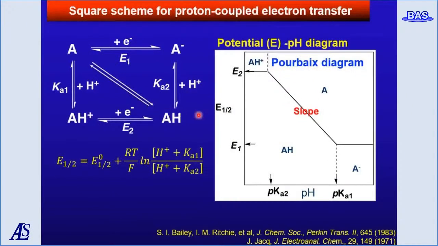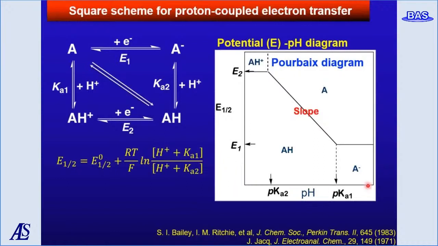In a square scheme, four species are interconnected by electron transfer and proton transfer, and each equilibrium is represented by the respective oxidation potentials E1 and E2, and the acid dissociation constants Ka1 and Ka2, which can be obtained from Pourbaix diagrams. A Pourbaix diagram is constructed by plotting the oxidation potentials as a function of pH.